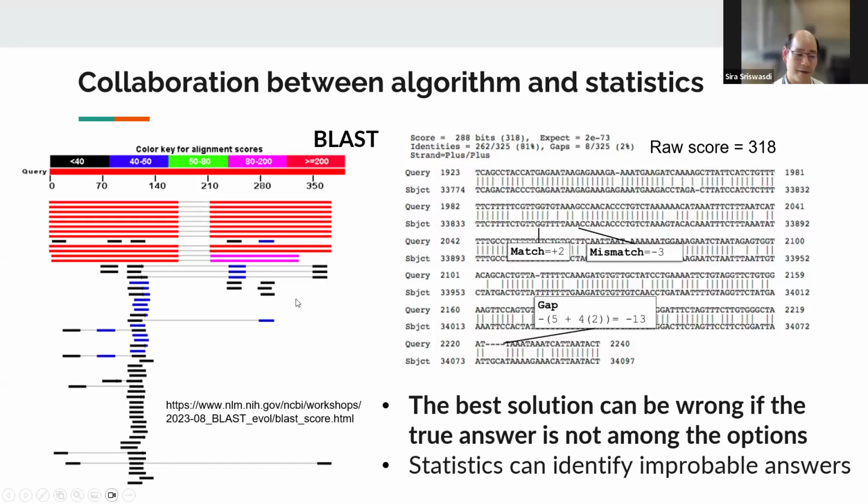In the next lecture, we're going to talk about how an algorithm like sequence alignment joins with statistics to tell us which alignment is significant, which alignment is not.